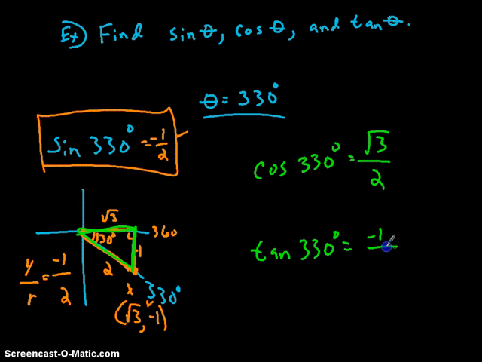So it will be -1 over the square root of 3, which rationalizes. When you rationalize that, it's going to wind up being square root of 3 over 3. Of course, to rationalize, multiply top and bottom by the square root of 3. So that's it. That's how you find the exact value of sine, cosine, and tangent at any of the important angles. So ultimately, we're going to build into creating the unit circle on your own.